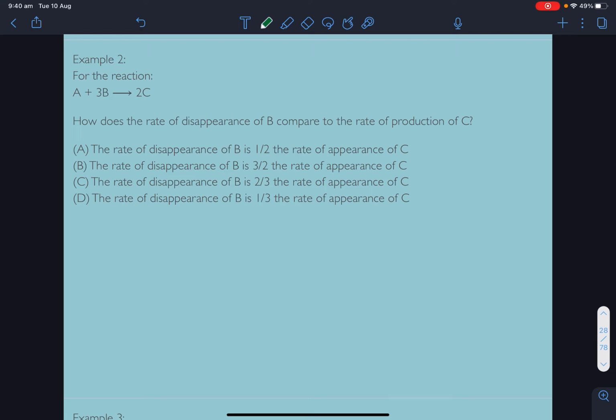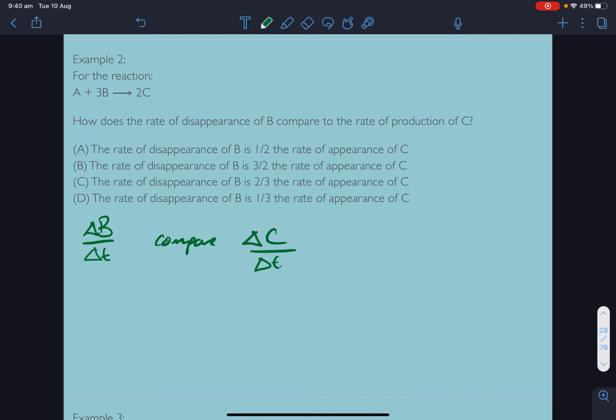Okay, for the reaction, A plus 3B going to 2C, how does the rate of disappearance of B compare to the rate of production of C? Okay, so the change in B compare to the change in C over time.